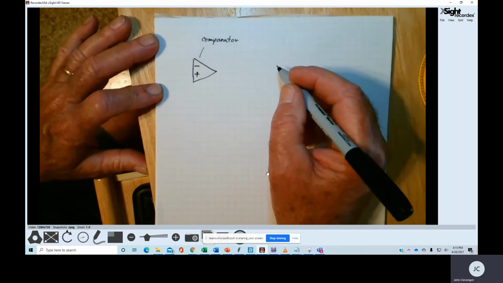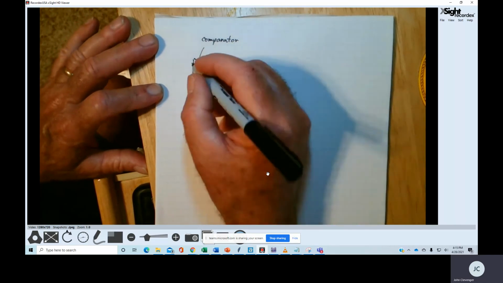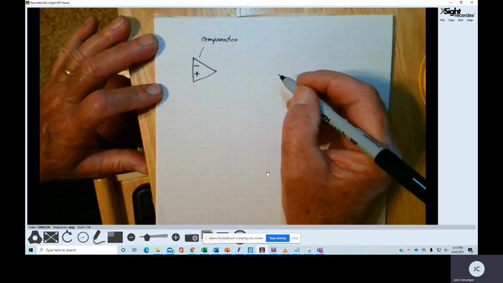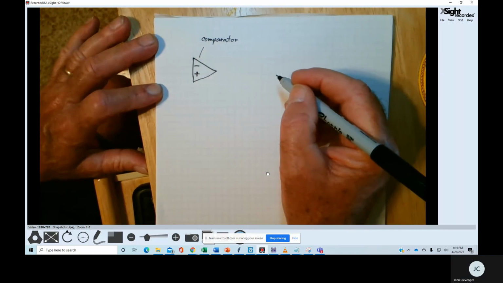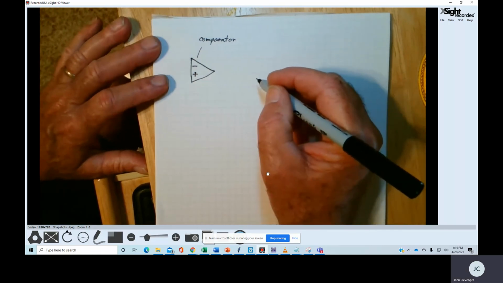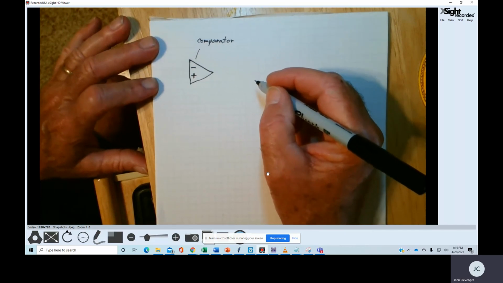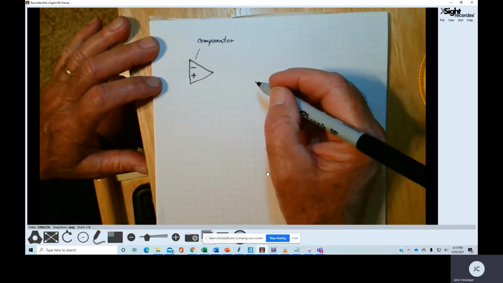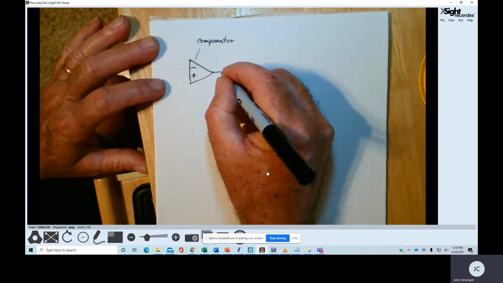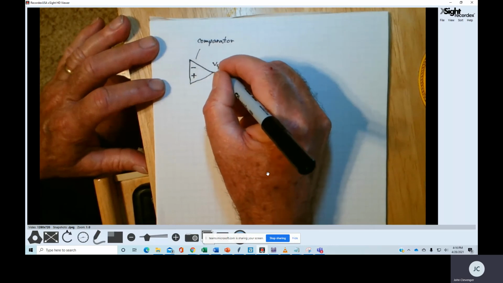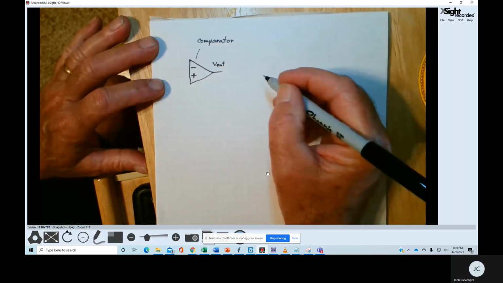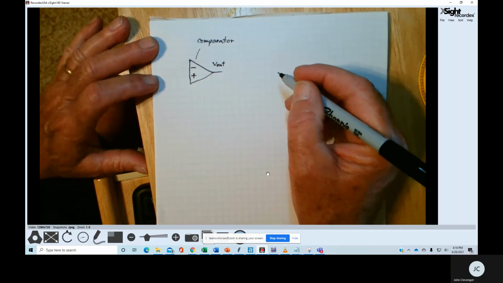And this is similar to what we saw earlier with the schematic symbol of an amplifier. The difference is that the comparator doesn't amplify the difference between the input voltages. The comparator simply looks at the two input voltages and makes V out either be high or low.